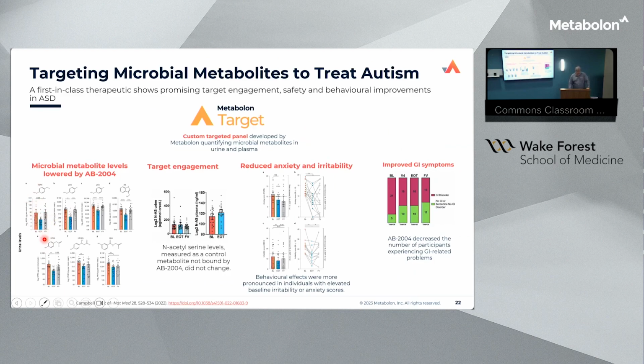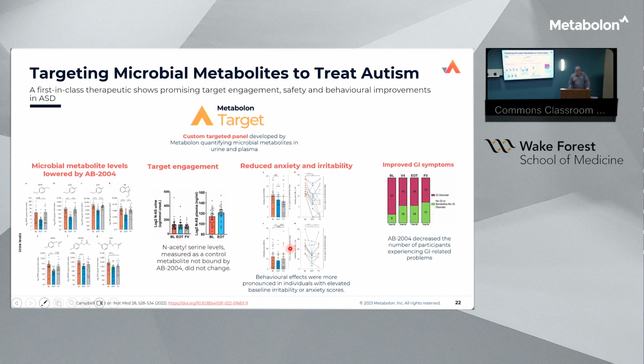So it was really an effective tool to measure and quantify the results. They also did a control with N-acetylserine, which theoretically shouldn't bind, and it didn't bind, confirming that the drug is very specific to these aromatic compounds.